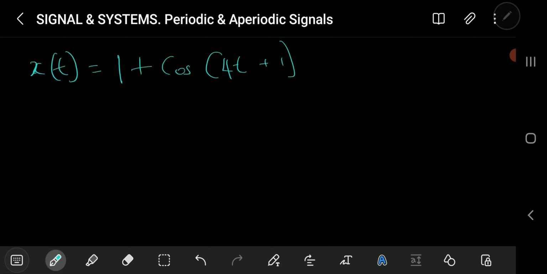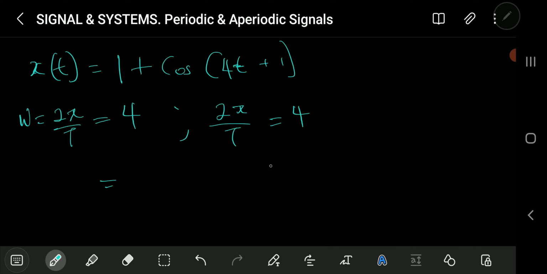Don't forget we've established that omega equals 2 pi over T. You equate it to whatever is before this t, which is 4. So we have 2 pi over T equals 4. Making T the subject, let me cross multiply so that you don't miss it: 2 pi equals 4T.